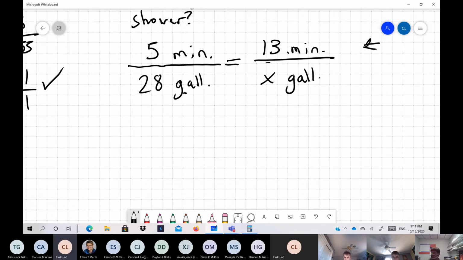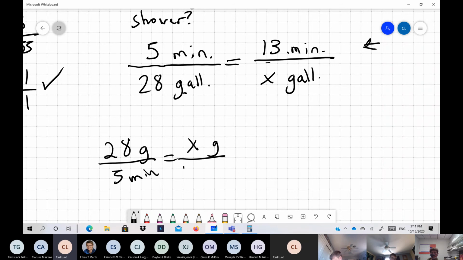There's nothing special about having minutes over gallons. If I had 28 gallons over 5 minutes equaled X gallons over 13 minutes, that's also okay. I would get the same final answer. It doesn't matter how you set it up as long as you are consistent.